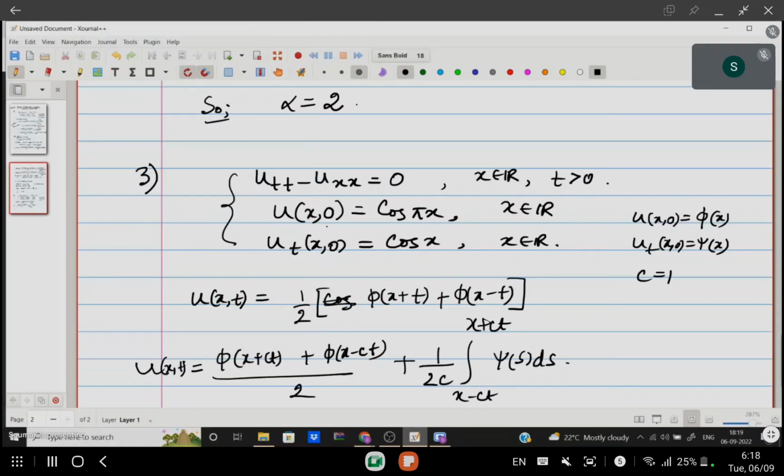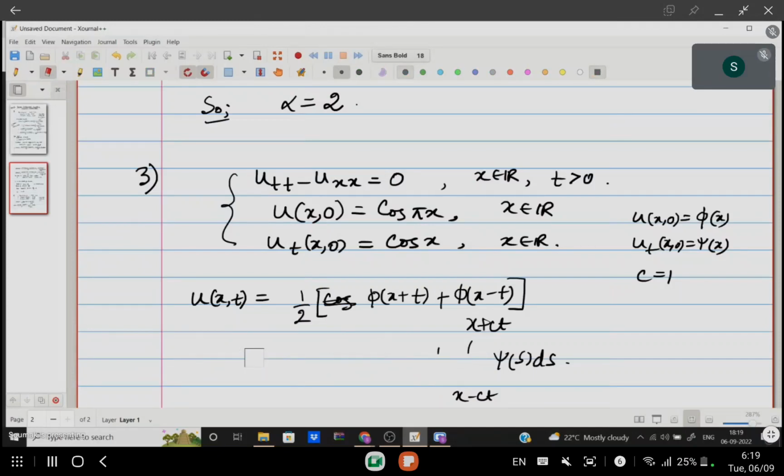So I will just replace phi and psi by cos pi x and cos x respectively. Please mute yourself. Okay, now let me remove this general formula and write directly.